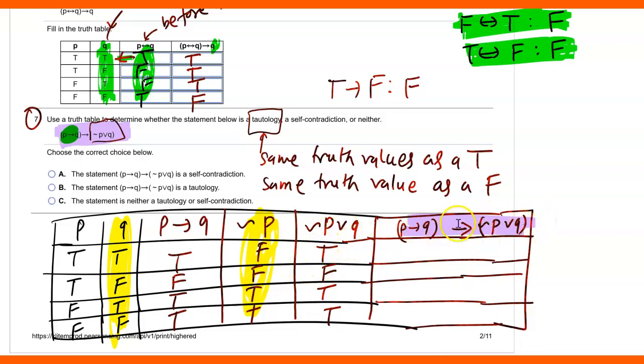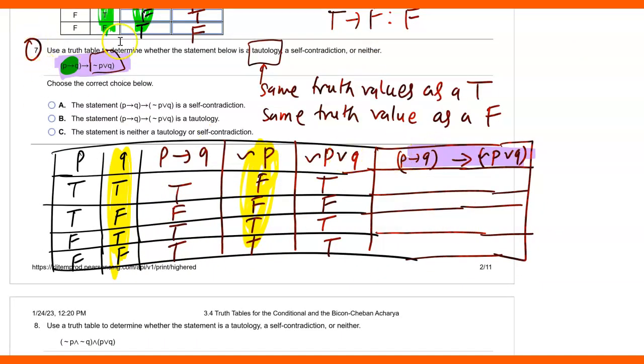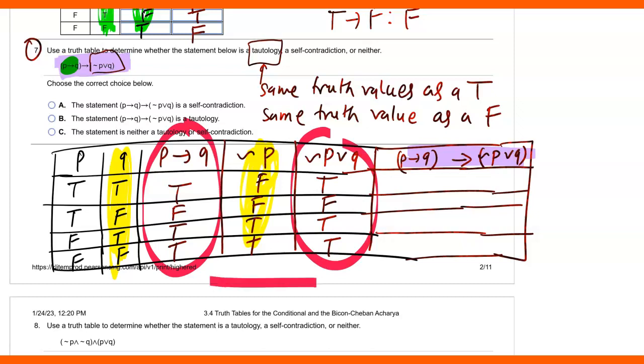Other than that, OR is always true. Finally, to find the truth table for this statement, I have to find this column and this column, and I have to do right arrow between these two. Notice that this part is before the arrow, this part is after the arrow.